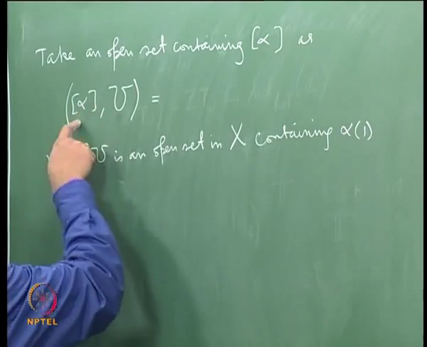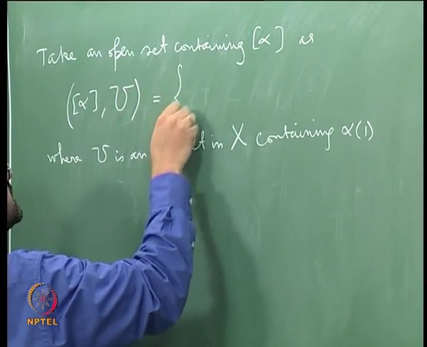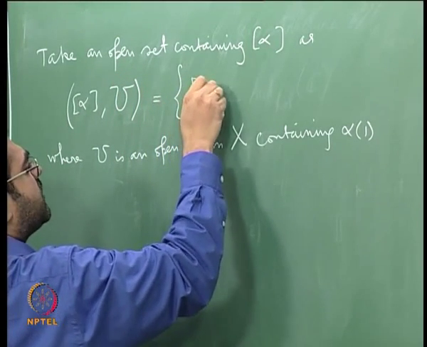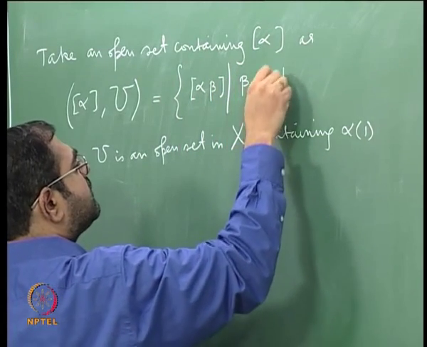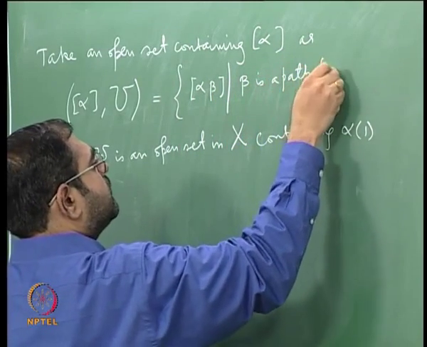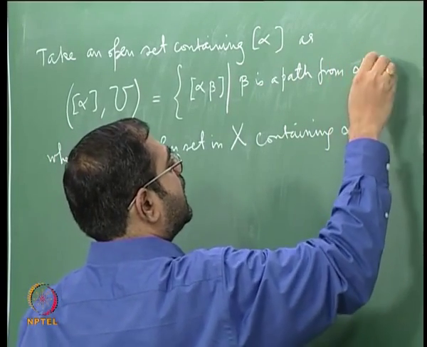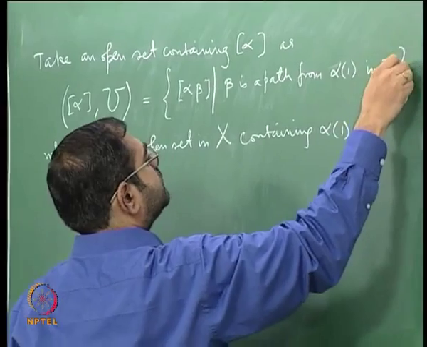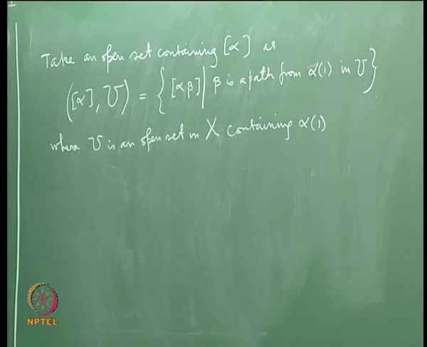And this should be all paths of the form alpha beta, where beta is a path from alpha of 1 in U.